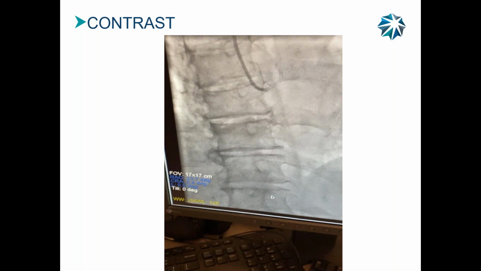Well, yes, it's inside the blood vessel, but on CT, since it blocks the X-ray, it's going to be white. No, it's a fluoro. It's still X-ray.